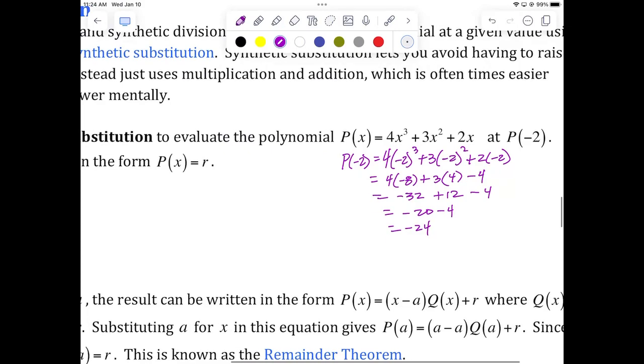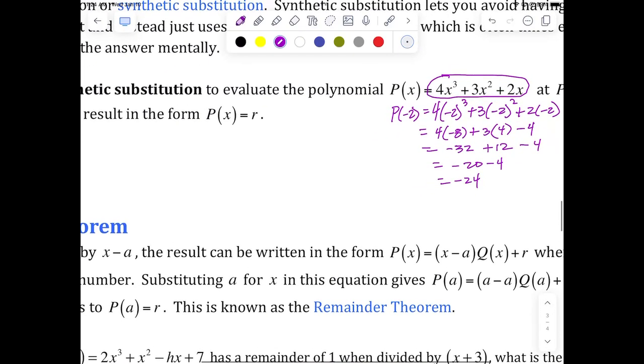If I'm going to do it synthetically, I'm going to take the coefficients of my function and write them in descending order, and I need to make sure I have a placeholder for everything that's missing. So as I start on the left, I'm going to put a 4 for the x cubed, a 3 for the x squared, a 2 for the x, and what's my constant? 0.